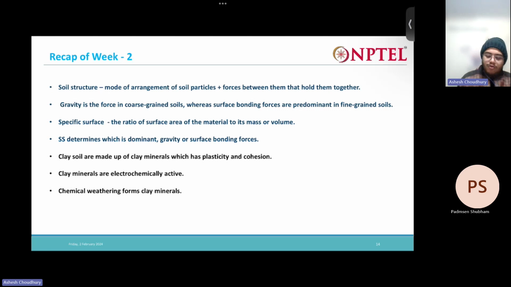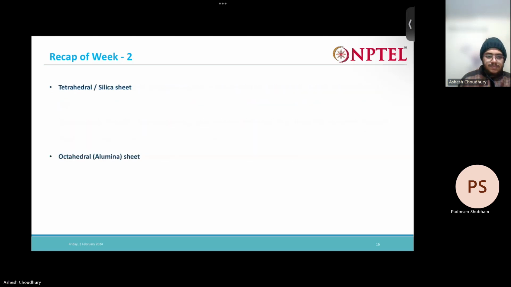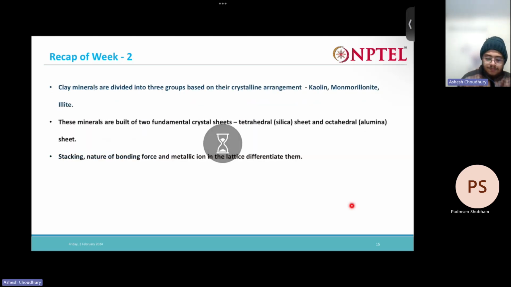Chemical weathering forms clay minerals, as we already discussed in the previous class. Clay minerals are basically divided into three groups. Clay minerals are the basic constituents.